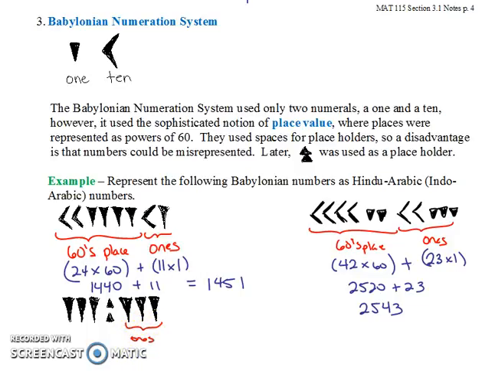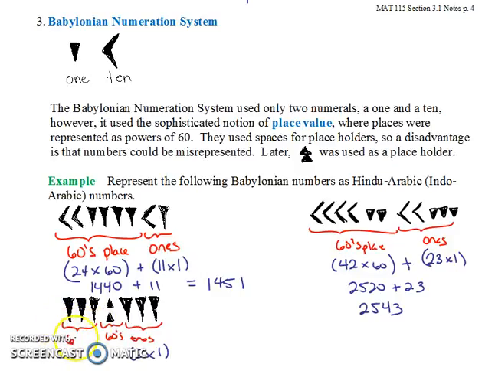And so in the 1's place, those 3 triangles represent 3. So it's 3 times 1. And then this next spot, that is our 60's place. That is a placeholder. Notice there is nothing in the 60 spot, so that's kind of like our 0 equivalent. And then we're going to go over to the next spot.